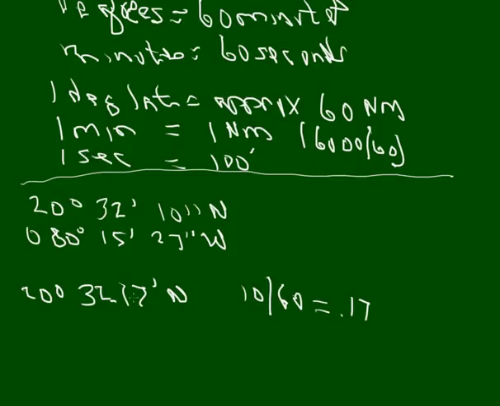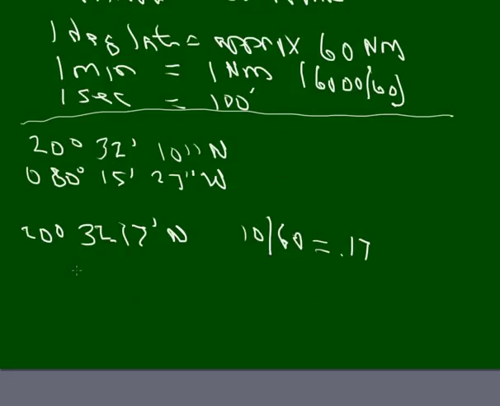And 080 degrees 15 minutes and 27 seconds west can also equal 080 degrees 15.45 minutes west.